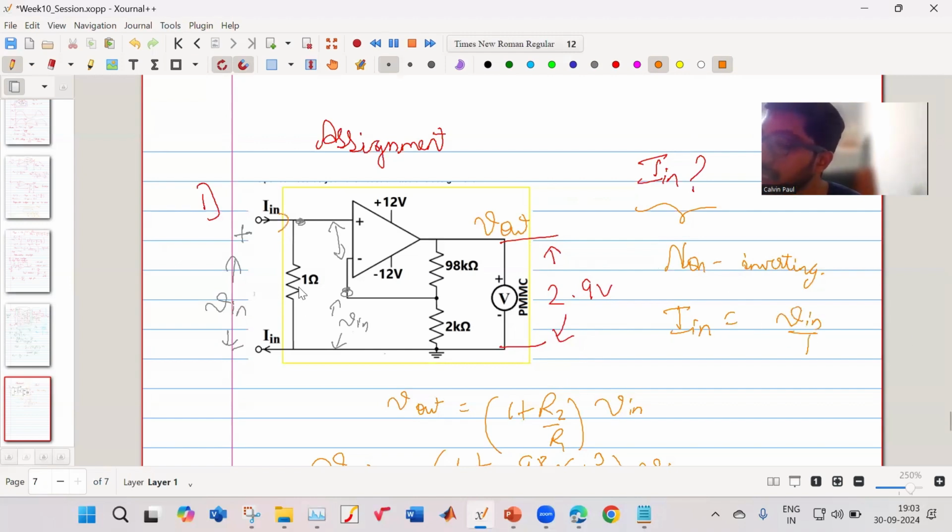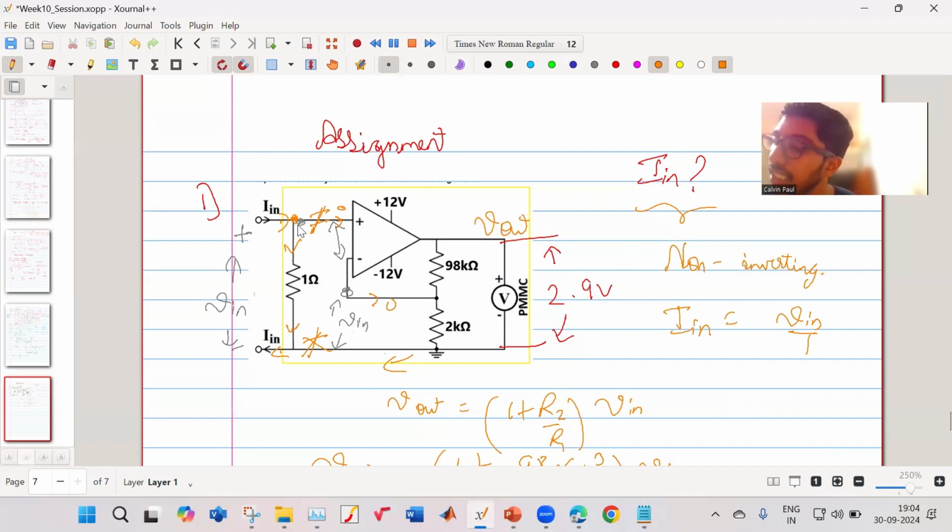Because the current which flows here has to flow here and over here. Over here, no current will flow. It has to flow like this because the current into this has to be 0. And if the current here is 0, current over here also is 0. So this current has to go like this. Now, current cannot come like this because it has to obey KCL.